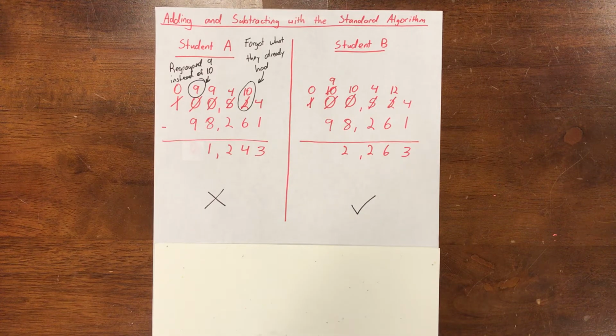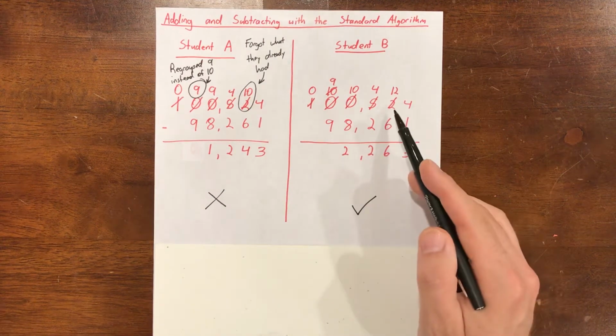Okay, so now let's go over to student B. What did student B do differently when they were regrouping here in the tens place? Go ahead and say it out loud.